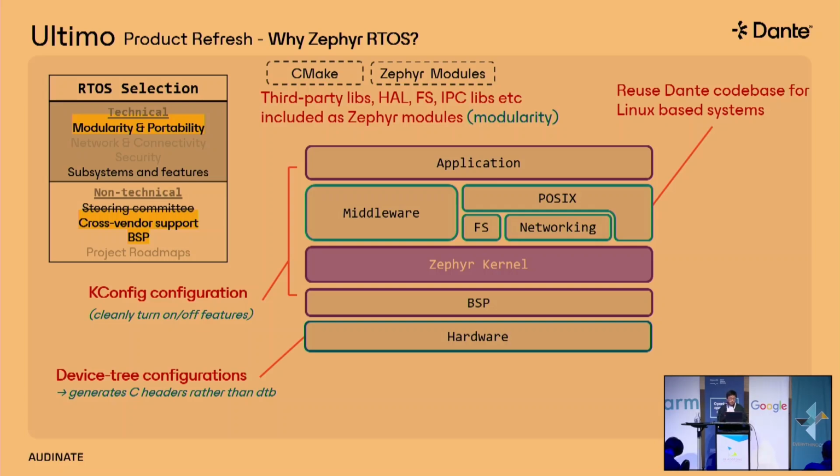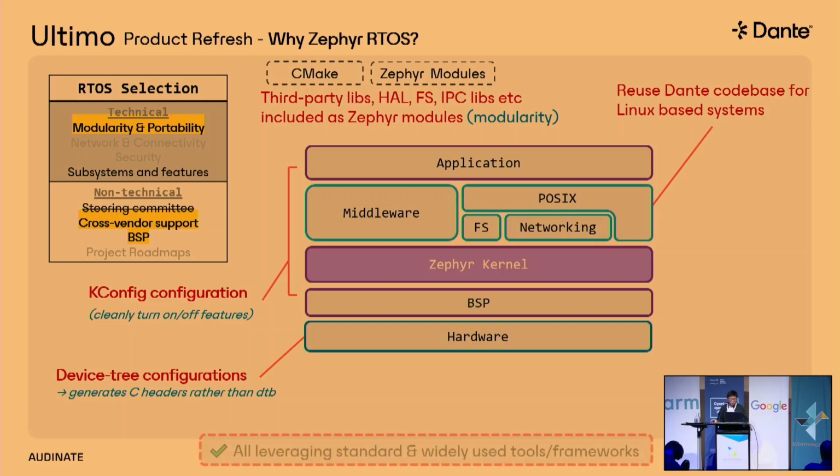And then through the whole compilation process, at the end, you have one single binary that gets flashed into your microcontroller. So all of that, if you look at it, CMake, Kconfig for modules, and device trees, POSIX, it's giving a very Linuxy vibe, and that sort of aligns with Zephyr RTOS's goal of becoming the Linux of real-time operating systems.